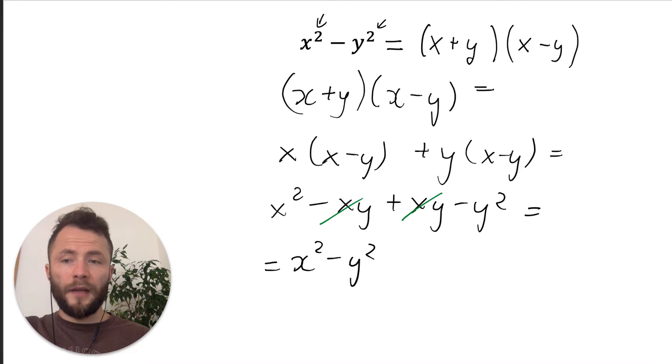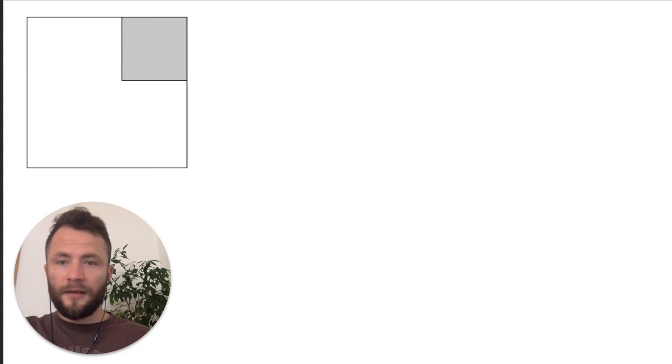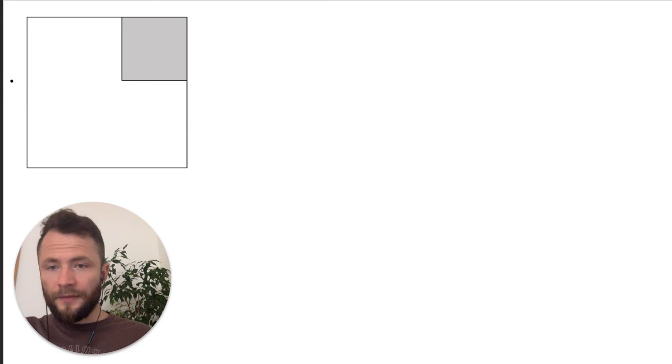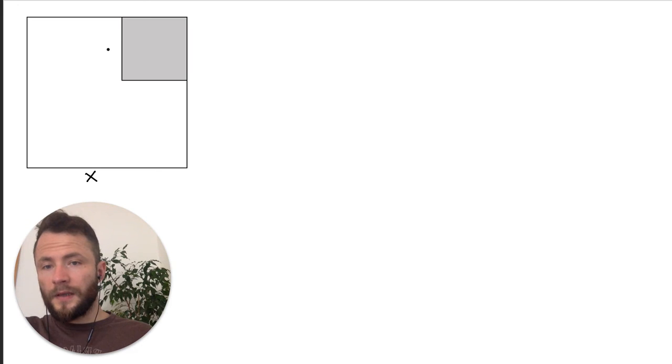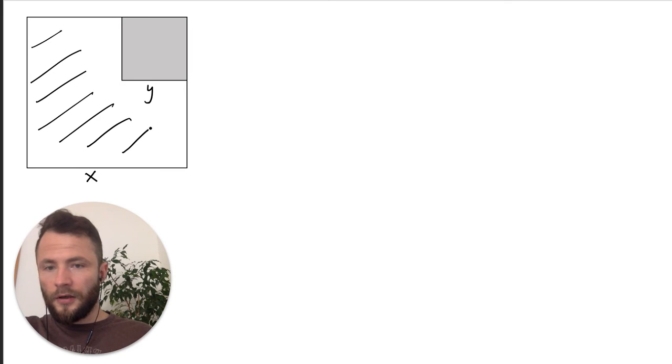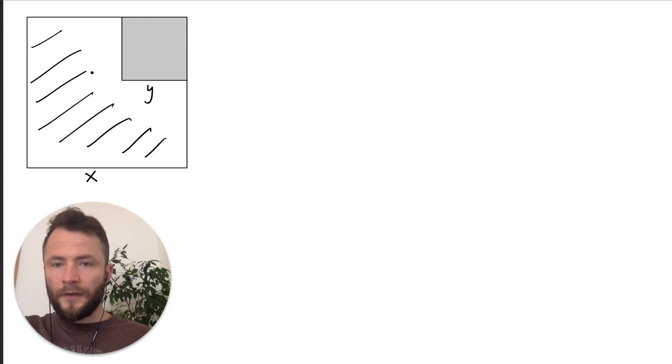Another way to think about it is to take a look at this square. If I say that the side of the large square is of the length x, and the side of the small square is equal to y, the shape of the large figure, the white figure here, can be expressed in terms of the areas of the other two figures.